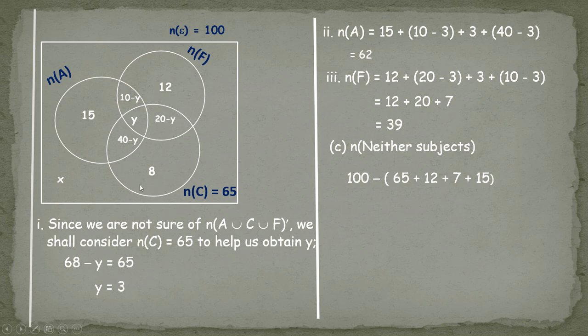However, this part is already 65, this is 12, this is 7, this is 15, and we end up with 1. So the required probability will be 1 out of 100. This is the inverse set.